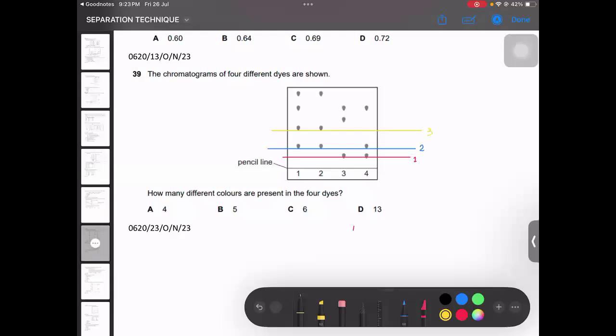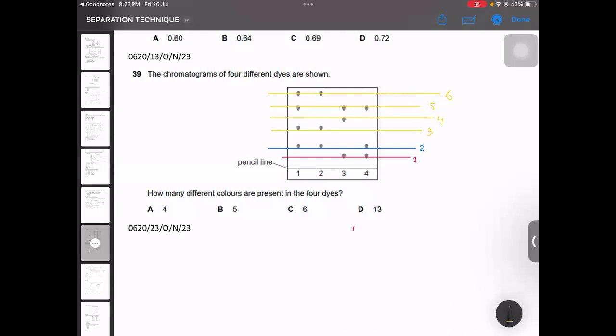This is 3. Then this is only 1. Then this is 4th, having the same RF value, counted as 1. This is 5th, and this is 6th. Are you getting my point, Rija? Yes, sir.